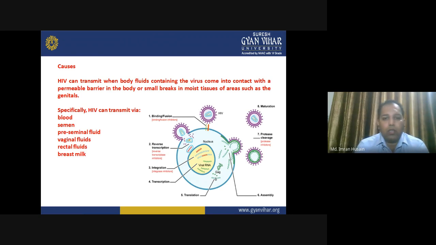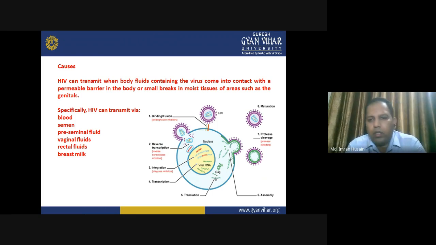Specifically, HIV can transmit via blood, semen, pre-seminal fluid, vaginal fluid, rectal fluids, or breast milk. Here you can see how the HIV virus increases its number and enters the CD4 cells. In the first stage, binding and fusion, HIV spikes try to bind with the host cell.